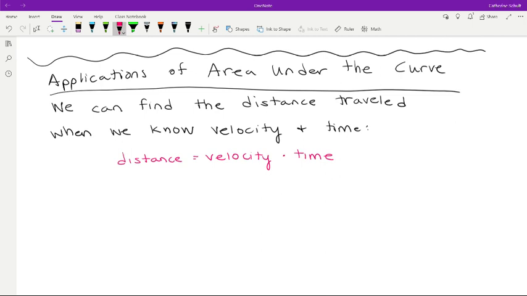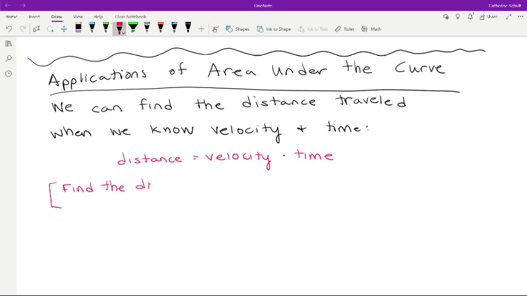All right, so we can find the distance. So for us in calculus, it's not the average velocity, it's the instantaneous velocity. Because we have that velocity function that gives us the instantaneous velocity.